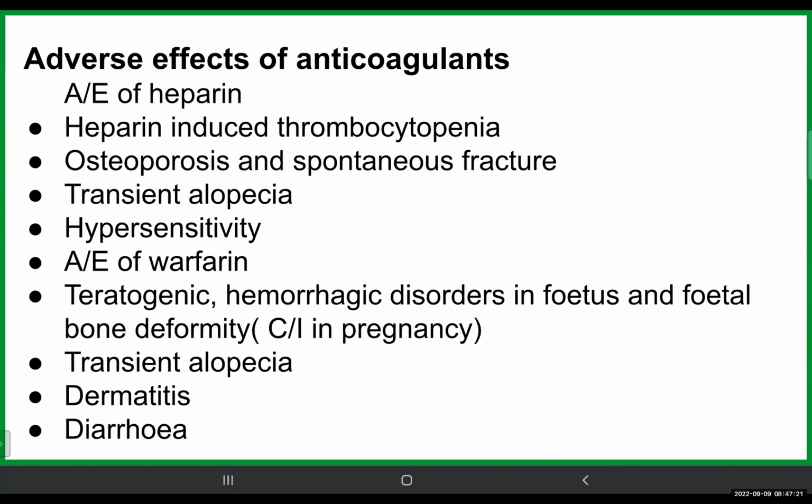Now, the adverse effects of the anticoagulants. The adverse effects of heparin are heparin-induced thrombocytopenia, osteoporosis and spontaneous fracture, transient alopecia, and hypersensitivity. Adverse effects of warfarin: it is teratogenic. It causes hemorrhagic disorder in the fetus and bone deformity, so it's contraindicated in pregnancy.